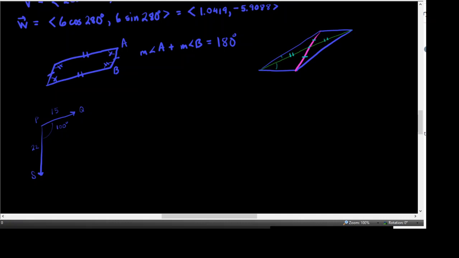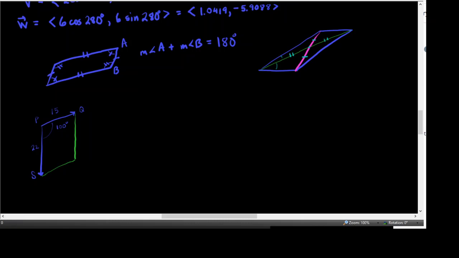All right. So with point P being the common initial point for those, that means we're using the parallelogram method to add them. That's what they are assuming we're doing. So I'm going to draw in a parallelogram using those two vectors as guides for drawing the rest of the parallelogram.